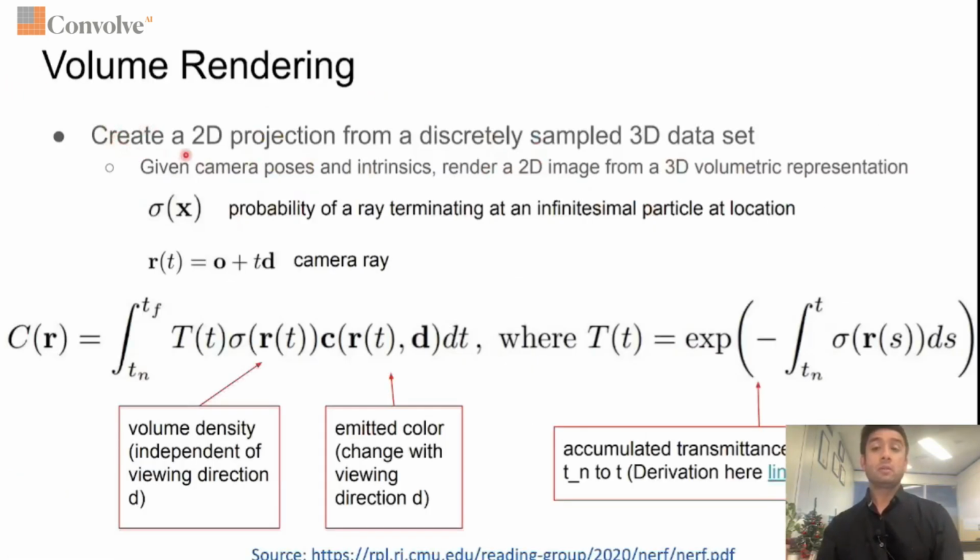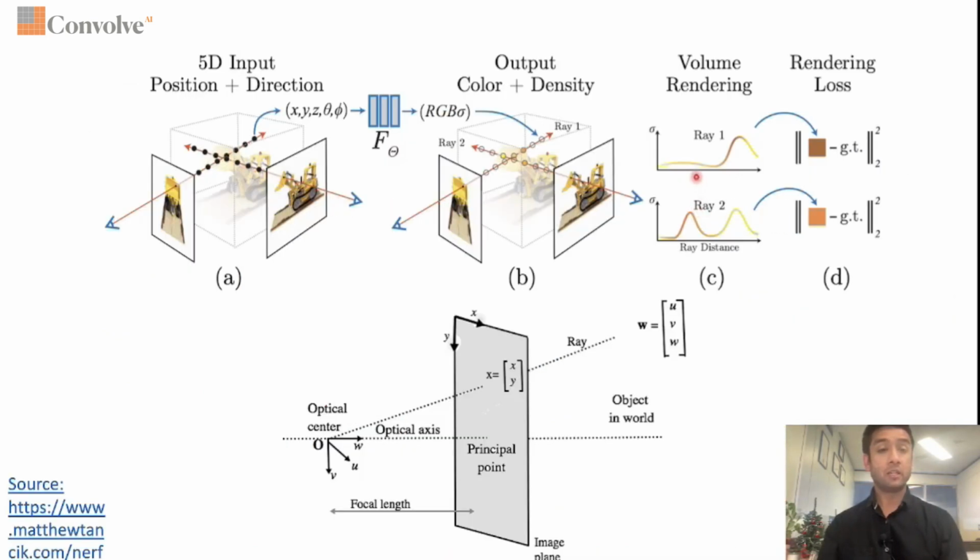Going into depth about volume rendering, as I said, think of it as integrating the input from different points. How is it integrated? You need to have a sigma, which is the probability of a ray terminating at that particular location. If sigma is very high, that means you have hit an opaque thing. For example, here this peak of sigma essentially shows that you have hit a big object.